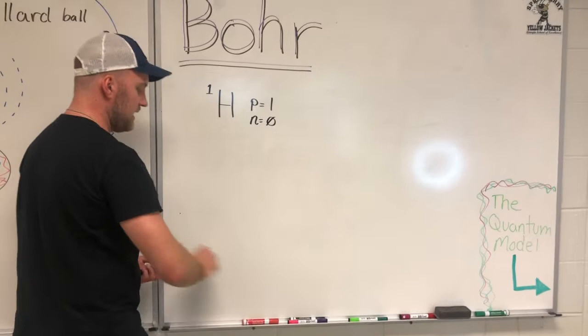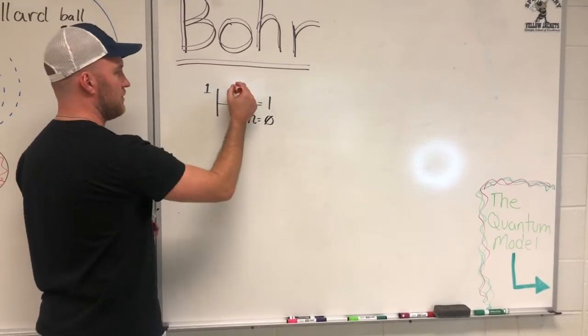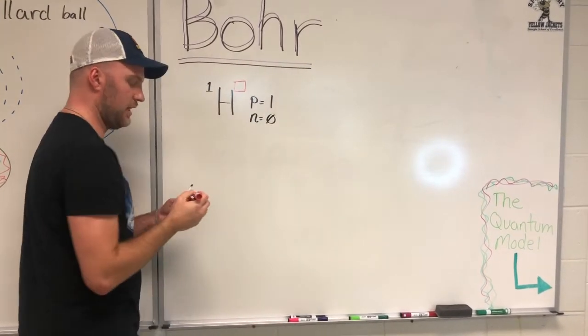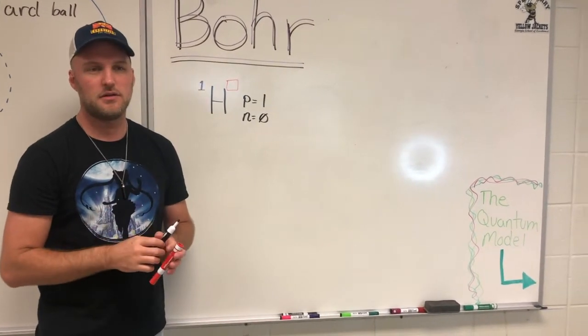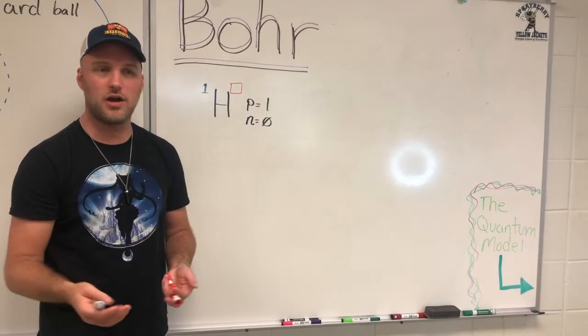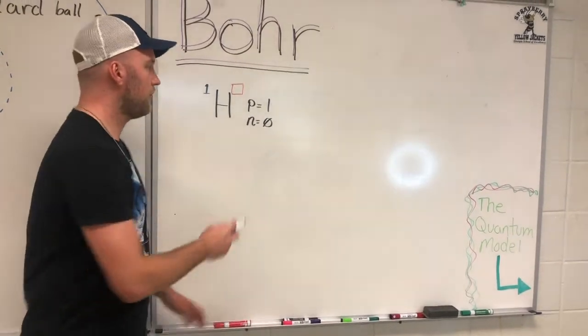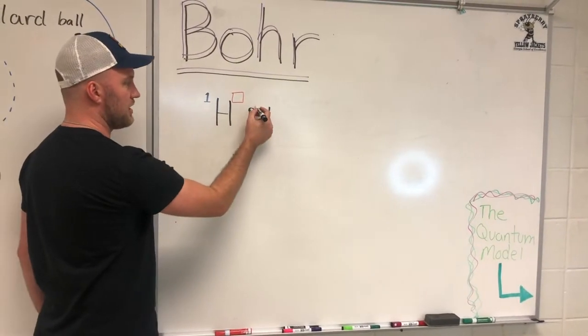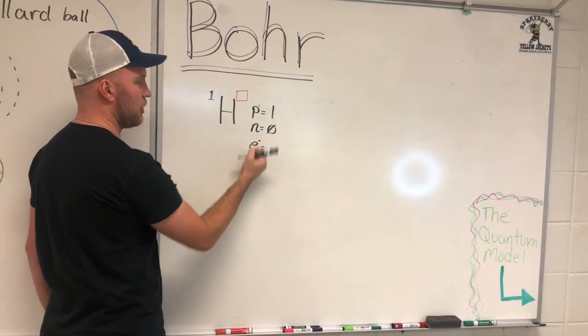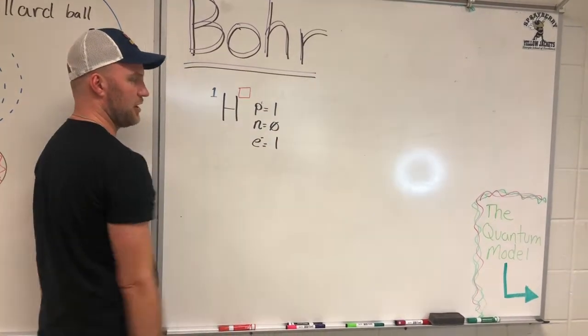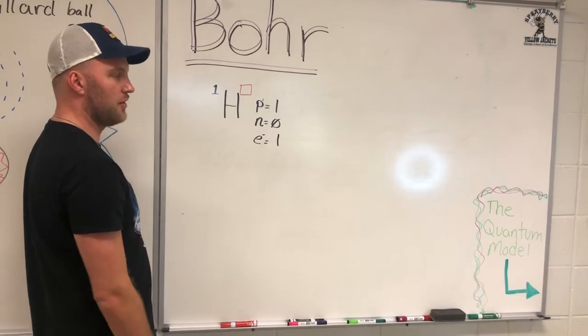Now, we don't see any charge here, so there's no positive or negative symbol written, so that means that this is a hydrogen atom, so it has not gained or lost any electrons. So for it to be neutrally charged, protons are positive, so to balance out that 1 positive charge, there must be 1 electron. So how do we draw the Bohr model?